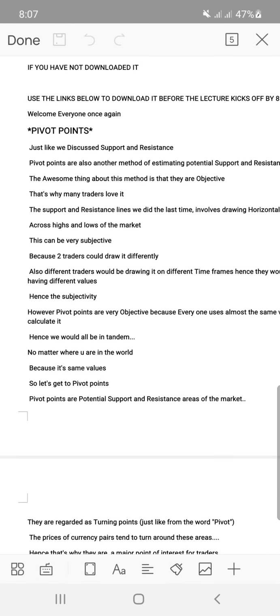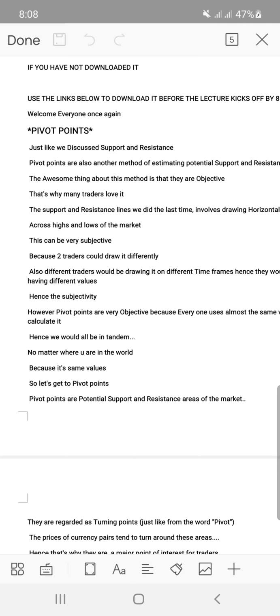Hello guys, good morning. In the last class, I talked about how to read news and how to use news to open trades in the forex markets. I was basically talking about fundamental analysis. I said in the beginning of the class that there are two kinds of trades.